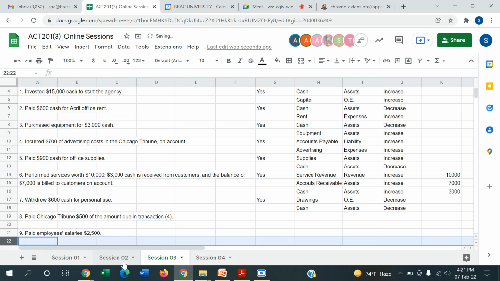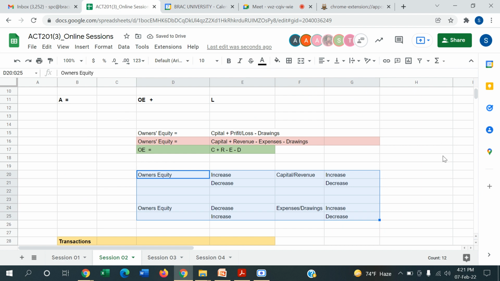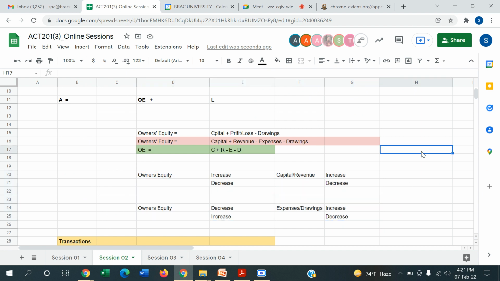For example, the owner has invested $15,000 to start the business, so capital increases. And drawings means anything drawn by the owner from the organization. So now $600 has been taken by the owner from the organization.